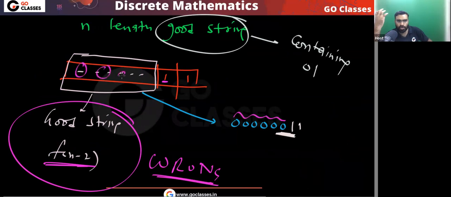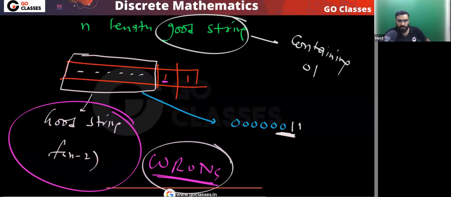I can put 0, 0, 0, 0, 0. Still I will get a good string. See, look. Still I am getting a good string. So is this point clear that this is wrong? Did you understand that this is wrong?